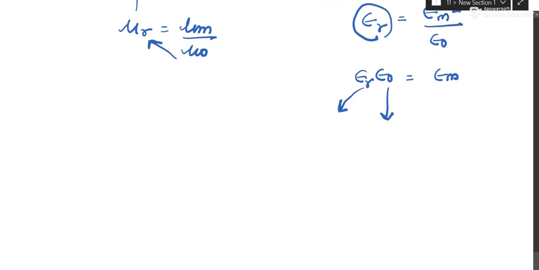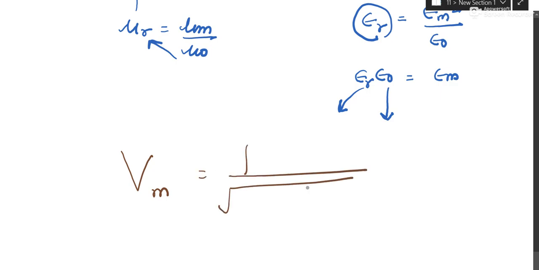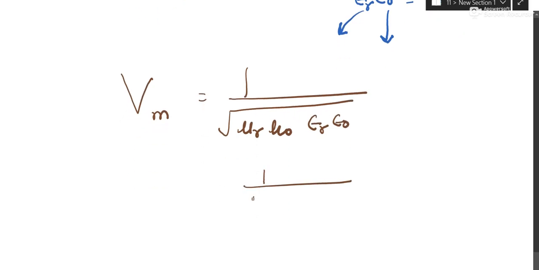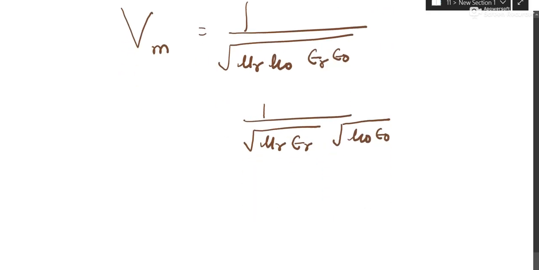So my speed of light in a given medium will be equal to 1 by root of mu r times mu naught and epsilon r times epsilon naught, the vacuum's permeability and permittivity. So we'll be separating it: mu r, epsilon r and mu naught, epsilon naught.